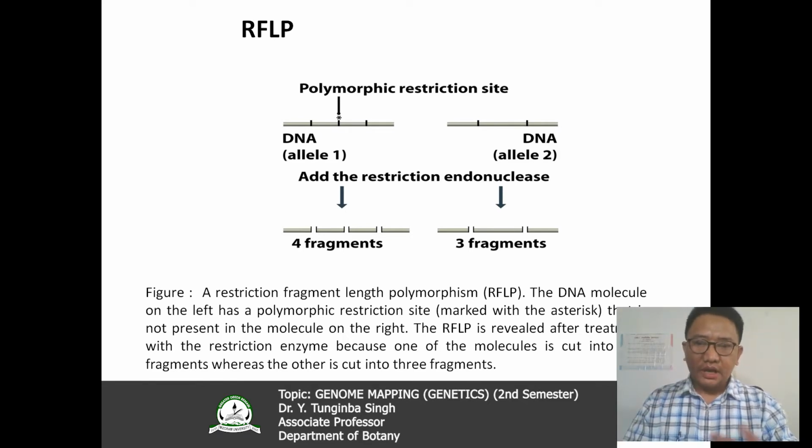RFLP can be scored in 2 different ways. Number 1, Southern hybridization of the DNA fragments. Number 2, PCR analysis. Once the DNA is cut using restriction enzymes, it is run on an agarose gel, where it shows up as a smear.